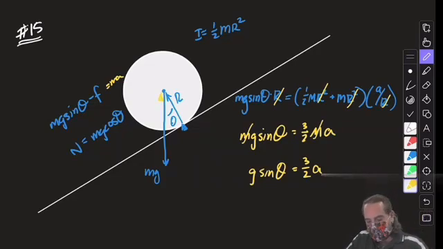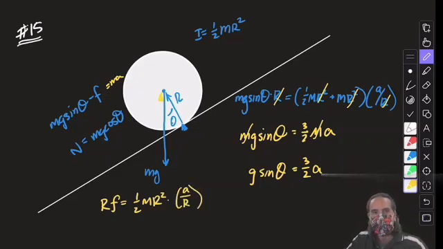If we do this one, R times the friction equals 1/2 mr squared times A over R. This doesn't let us get to mu though. We want the minimum mu.